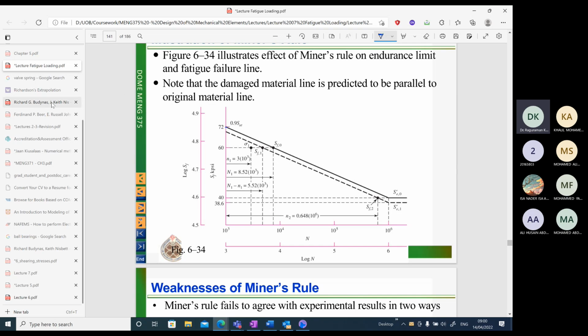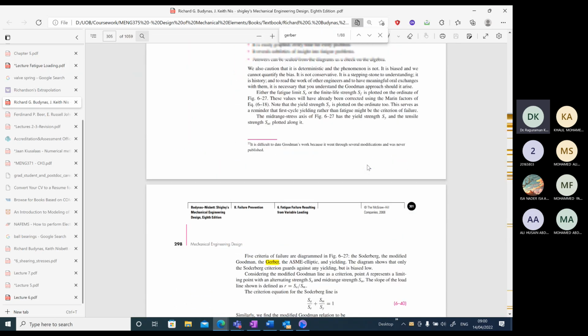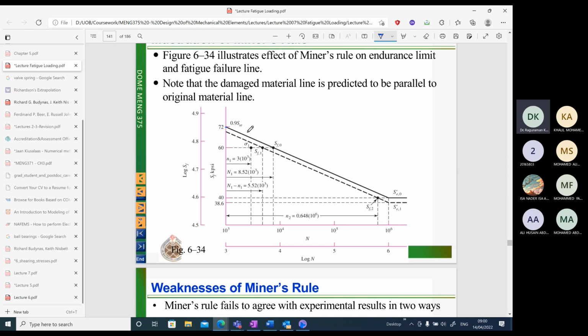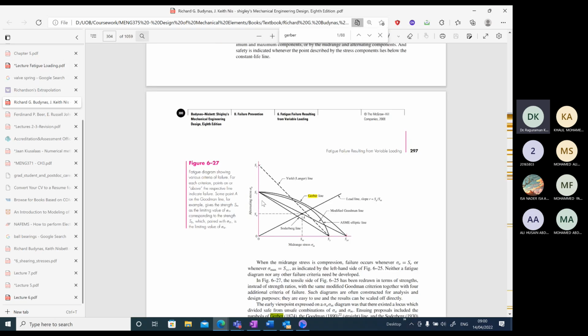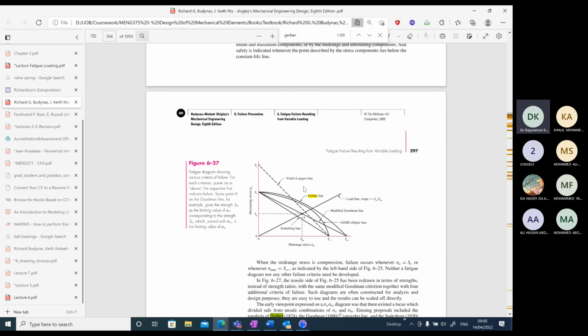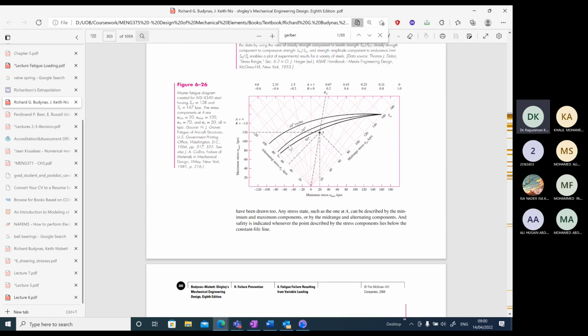If you go back to the SN diagram, let's see here. Let us find here. So this is the SE value. This is the Haigh diagram. We need to see the SN diagram. Let's see where the SN diagram is given.